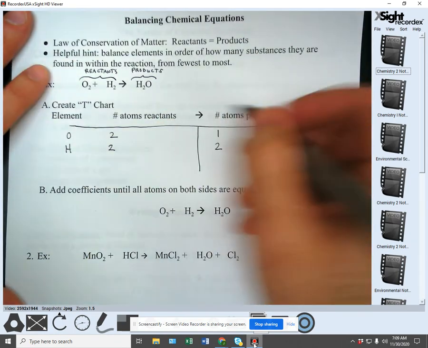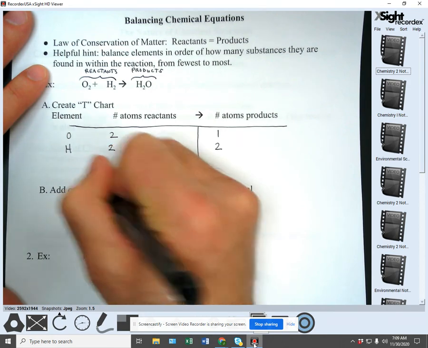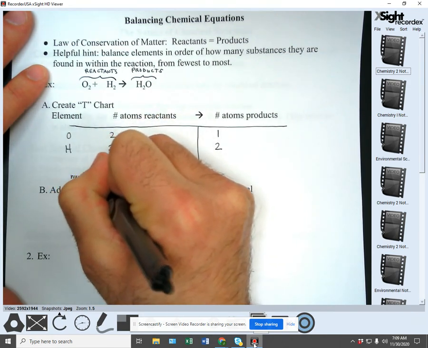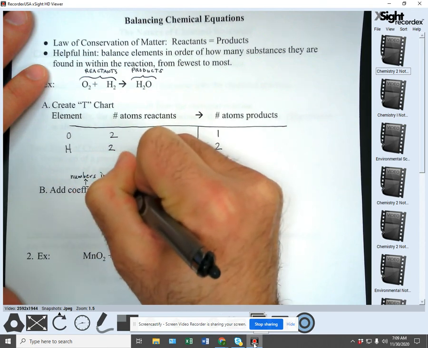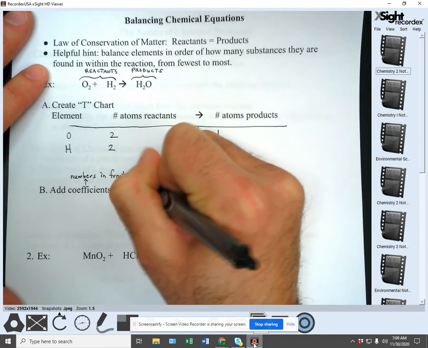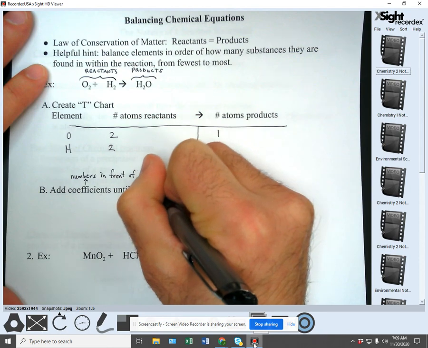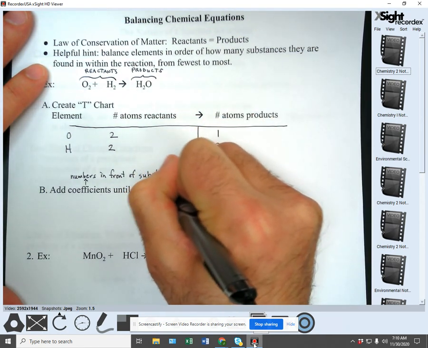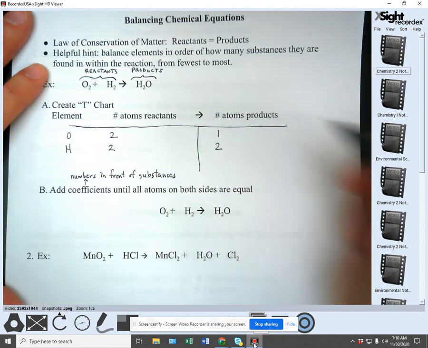Coefficients are the numbers, just like in math, in front of the compounds or the elements, substances.